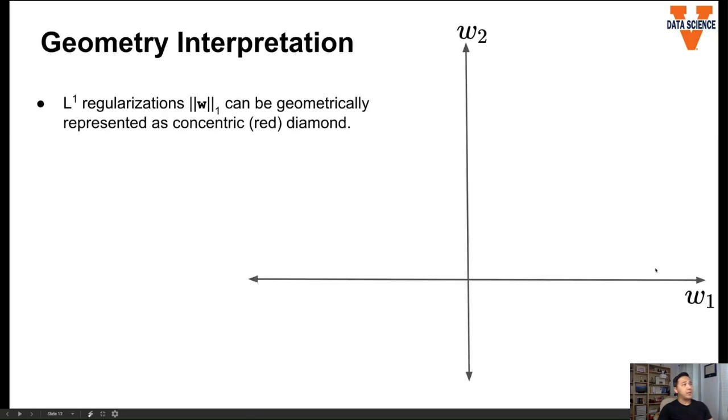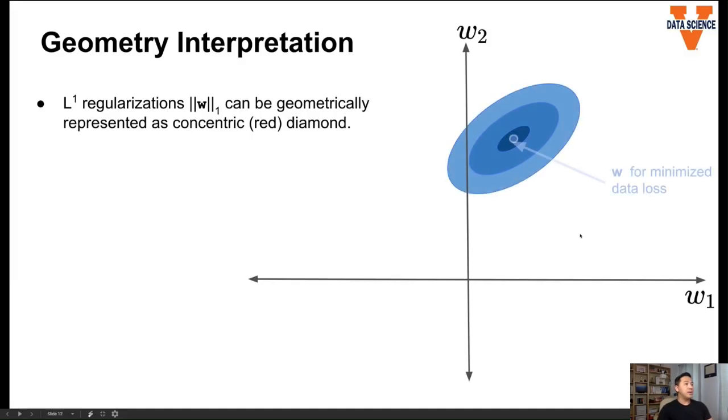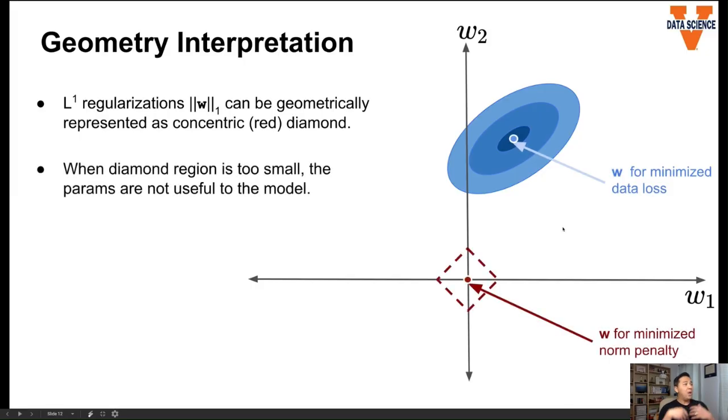Also, some geometric interpretation of L1 norm. Again, we have two axes with W1, W2. And this is the data loss that we saw earlier with the minimum value of W there. Now, the diamond region is going to represent the L1 norm. Why is that? Because if you take the absolute values and add these two values of W1 and W2, it actually forms a diamond boundary in 2D here.